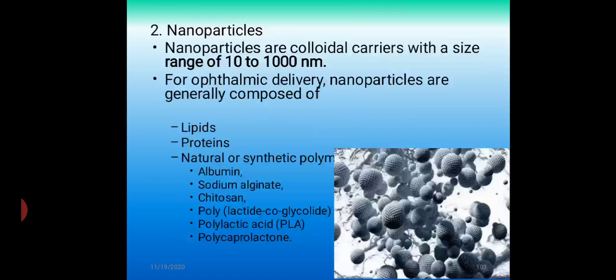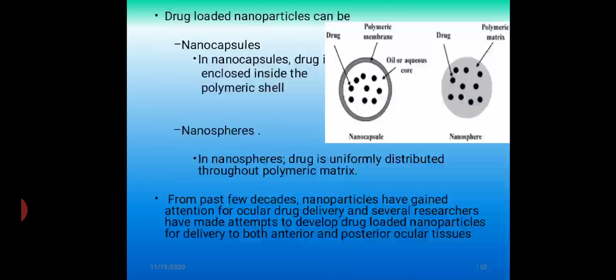It may be spherical in shape, but the particles are very small. These can be prepared using lipids, proteins, or natural or synthetic polymers, which include albumin, sodium alginate, chitosan, polylactic acid or PLA, and polycaprolactone, etc.